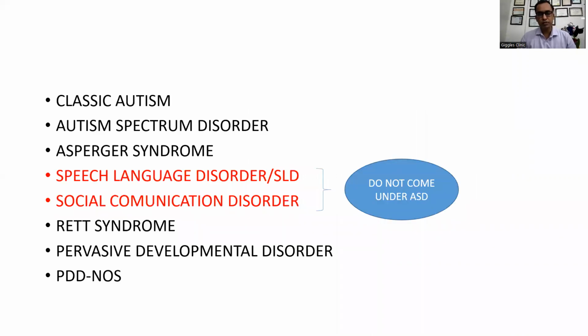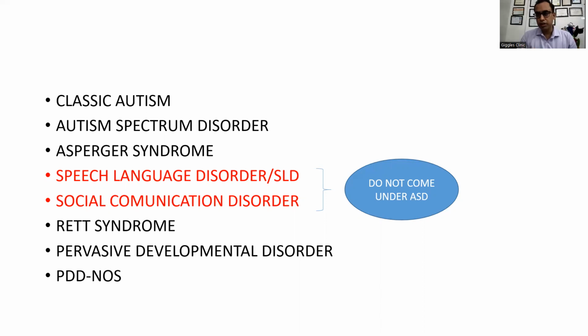So first of all, these are the various diagnoses which we might come across on the prescription. Classic autism, autism spectrum disorder, Asperger syndrome, speech language disorder, what we call an SLD, or social communication disorder, or it might be Rett syndrome.